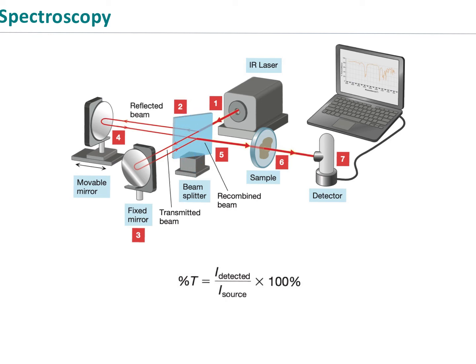What that does is it transmits half the beam and reflects the other half. If something is transmitted, it goes through, and if something is reflected, it's going to bounce away. So this is reflected at a 90-degree angle. You can see here the reflected beam goes here, and then this is the fixed mirror here.